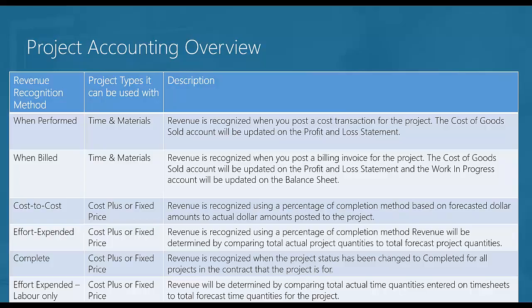There are still tools in project accounting that allow you to adjust revenue manually through the revenue recognition platform. So the idea is that your revenue recognition policy should fit within one of these or various of these components, because you could have different types of projects that have different revenue recognition policies.